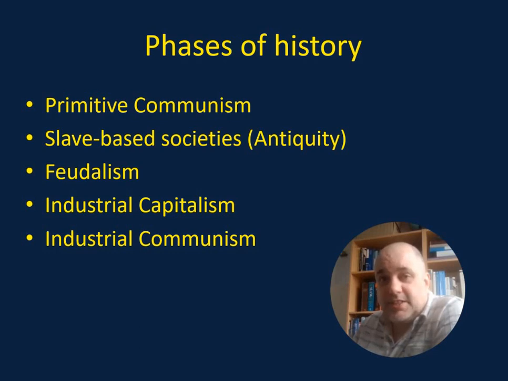And the societies of antiquity, from Sumeria, ancient Egypt, through to ancient Greece, ancient Rome, and so on. Marx was really focusing on Europe and the Near East and Middle East in discussing this, but these societies of antiquity in the Middle East, Europe and North Africa were based around slavery. So the Roman economy, for example, was absolutely dependent on slave labour. Now, yes, it was a little bit more nuanced than that.